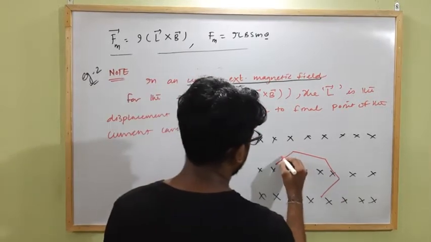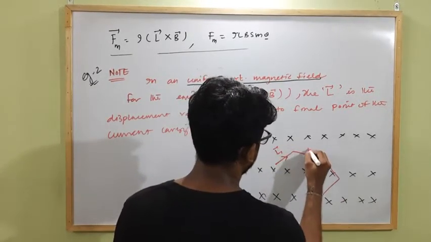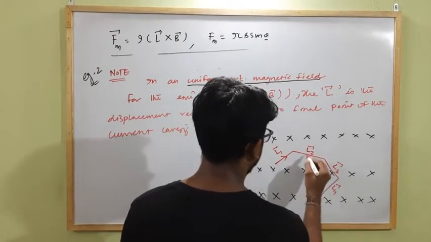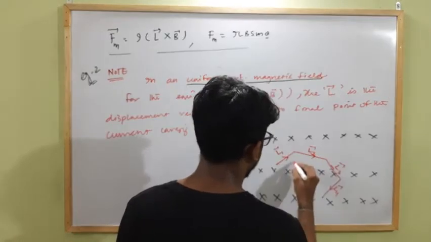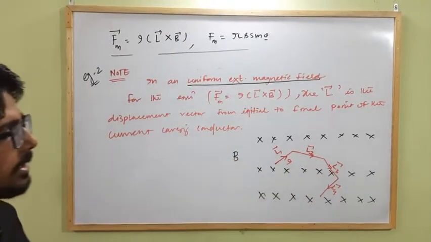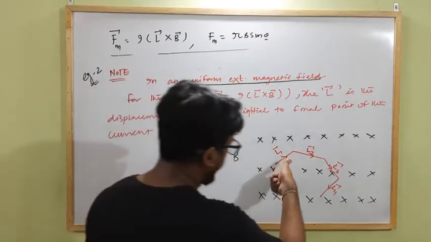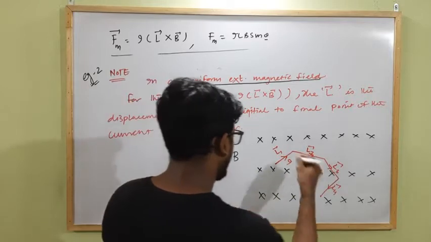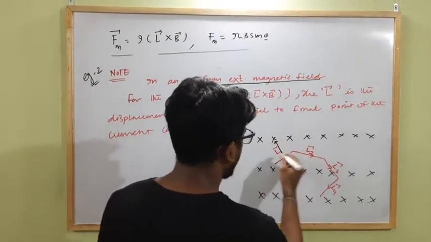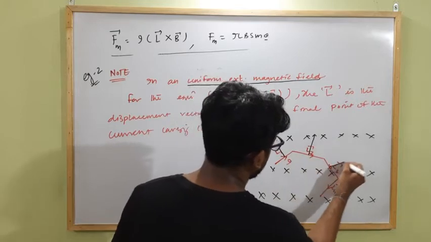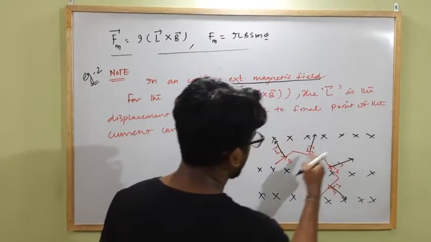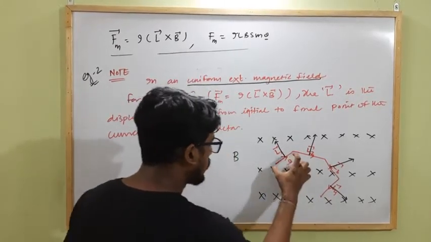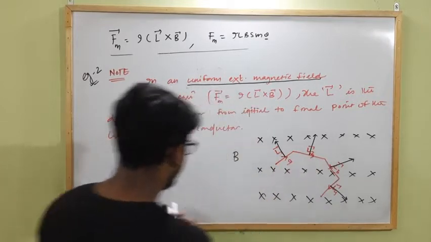Let this be the L1 vector, this length will be L2, this is L3, this is L4, and current flowing along this direction will be I. So what is the net magnetic force acting on this? Here the current is flowing in this direction, and the magnetic field is into the plane. So for this segment the force will be along this direction. Similarly for this segment, force is along this. So these are the forces acting on each of the segments. But what will be the value of the net magnetic force acting on this?